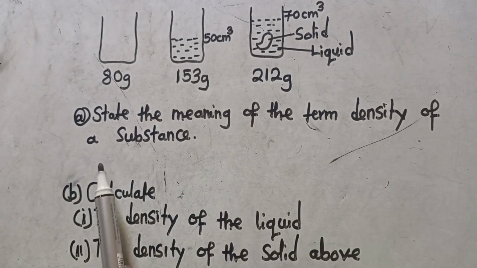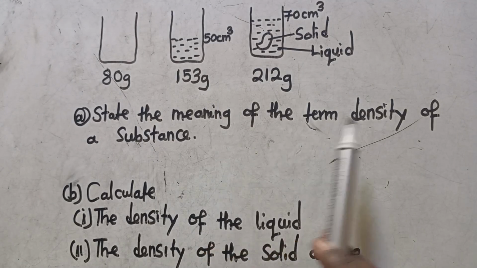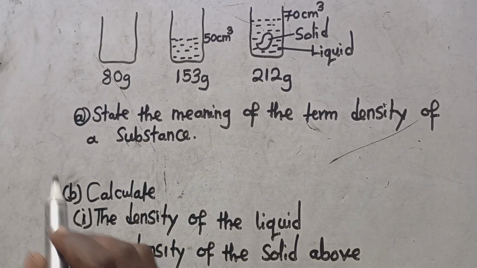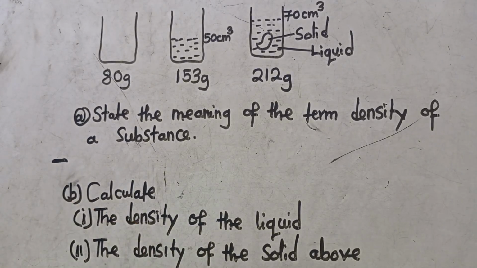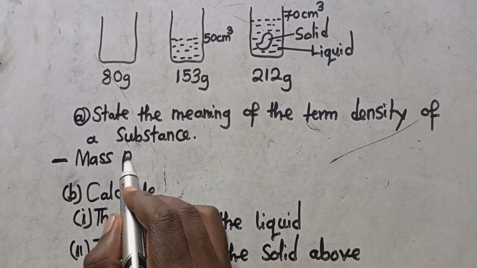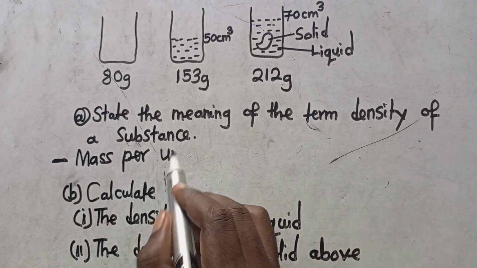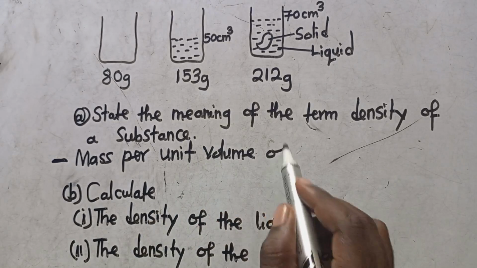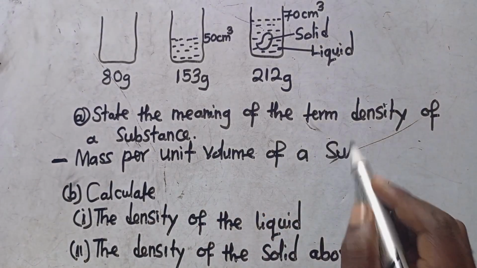The first question says, state the meaning of the term density of a substance. In other words, they are just telling us to say what density is. That's the key point there. So how do we define density? You need to understand that density is defined as mass per unit volume of a substance.